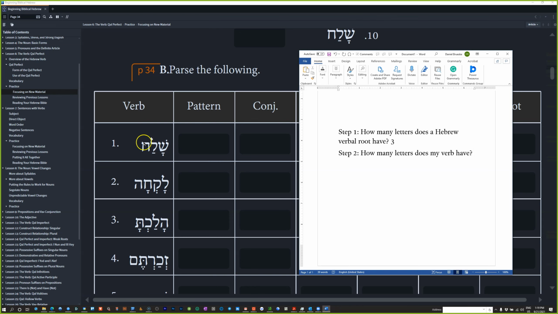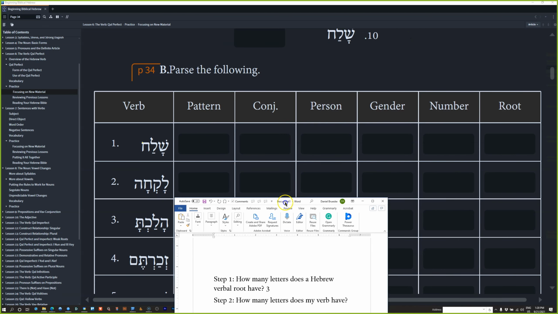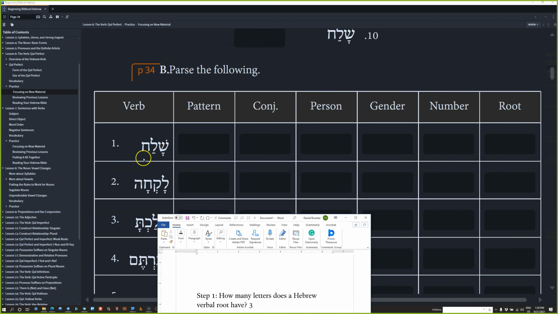I probably don't have anything added to it, any suffixes in the case of the Qal Perfect. And that is the case here. We've memorized shalach as the Qal Perfect 3ms form of the root for send or to send, shalach, shin lamed chet. So you can just put shin lamed chet in your root column.